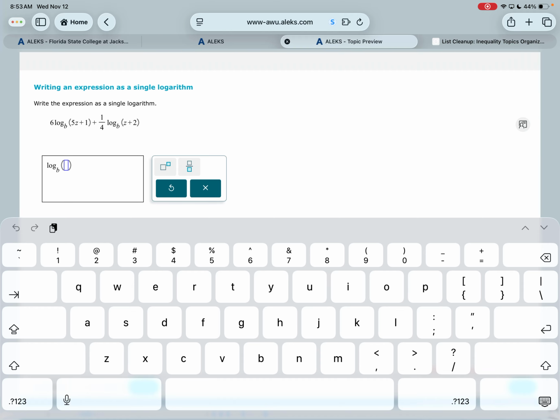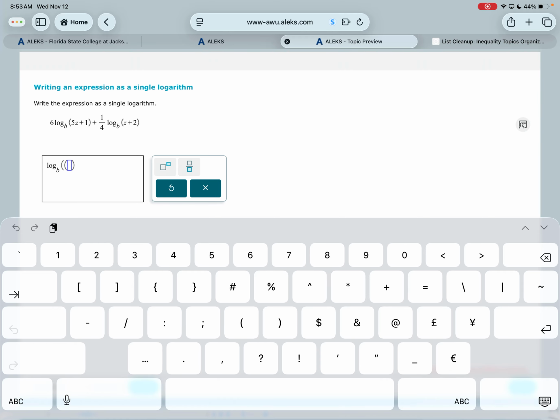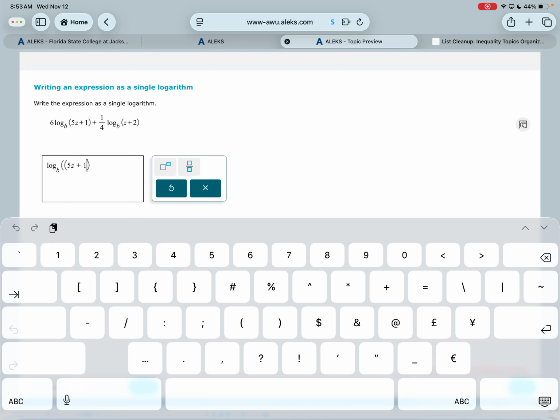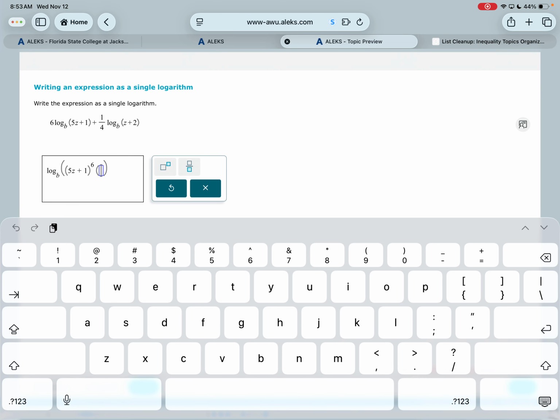I didn't mean to. I better put a parentheses. (5z plus 1) to the 6th power because it's being multiplied by 6. And then it's plus, so I'm going to multiply again, (z plus 2) to the 1/4.